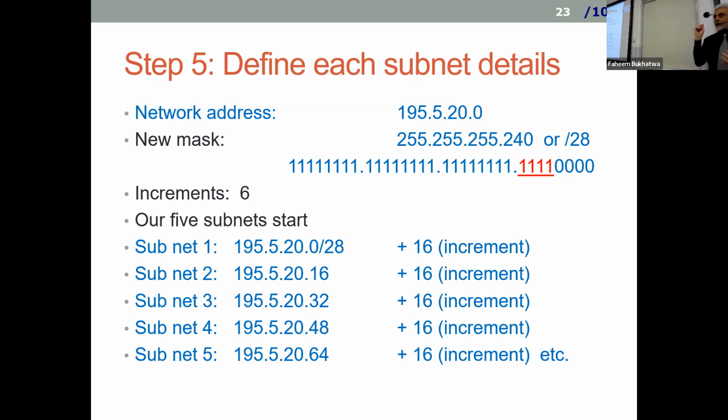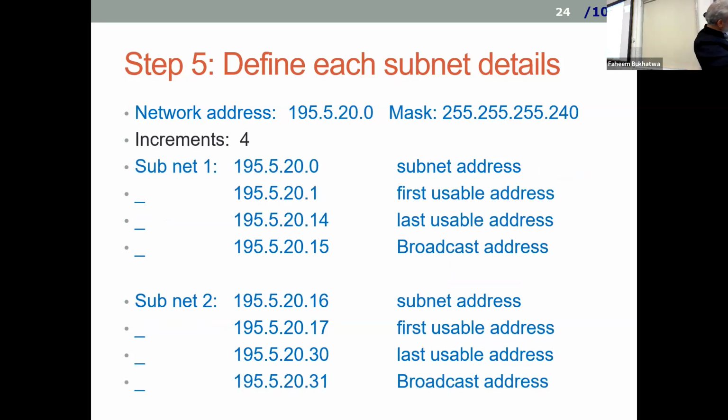You need to know the first address of each one, and the address before it belongs to the previous network and is going to be the last one in that network, which is the broadcast for that subnet. So the first network starts at 0. The next one is 16.